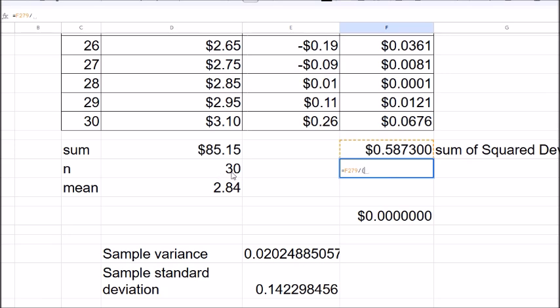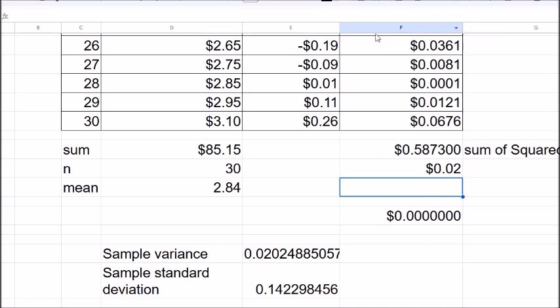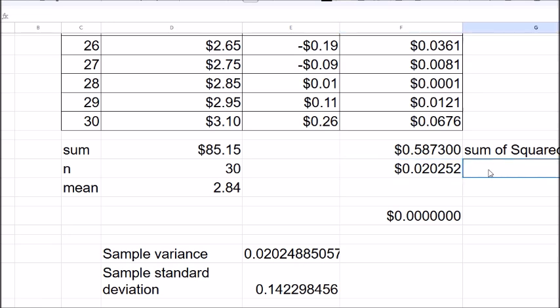I'll explain a little bit later why we're doing it, instead of dividing by 30, we're dividing by 30 minus 1. Then we get 0.0202. And this value right here is called the sample variance.